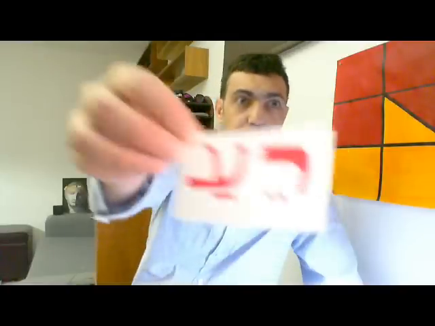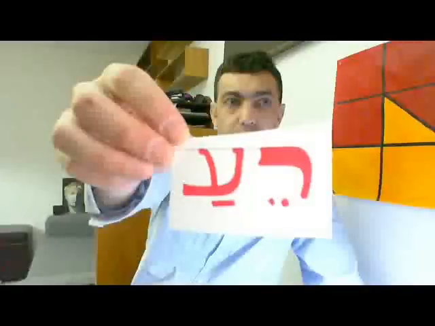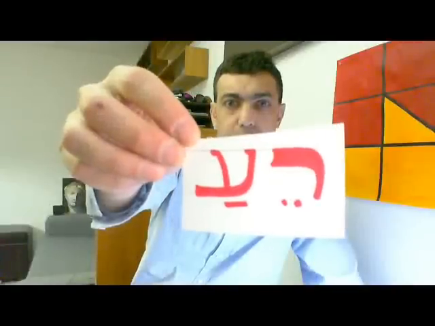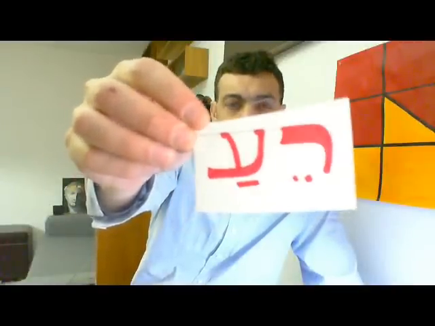Our next word is friend, F-R-I-E-N-D, friend, and that is rea. You can write that down. Resh, ayin, rea. Friend. Now, because resh does not take the dagesh forte, it can't be doubled.